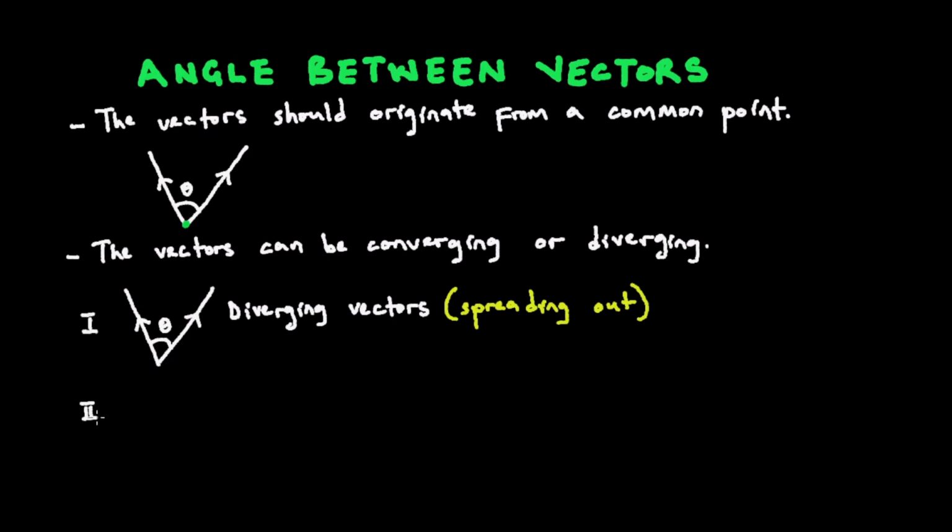Case number 2, we also have two vectors emanating from a common point. We need the angle between them theta, but now they are looking inwards. Saka kanakadai, so these are called converging vectors. And to converge is to look inwards.